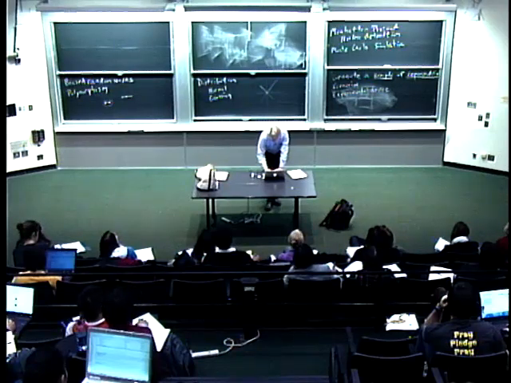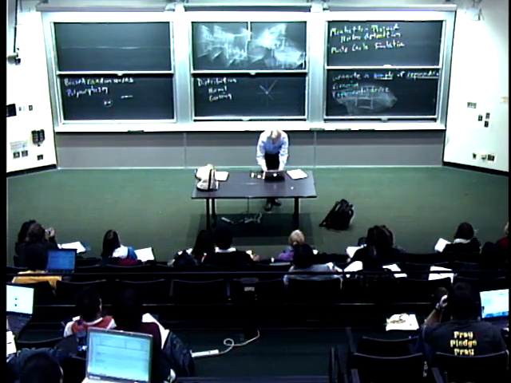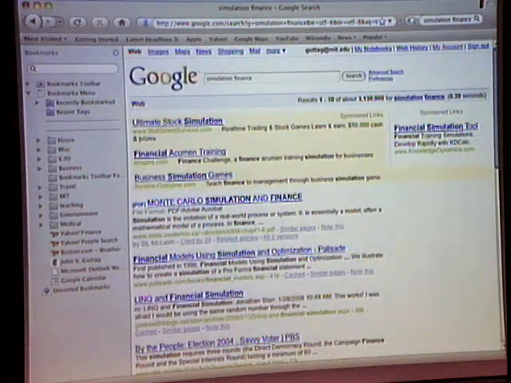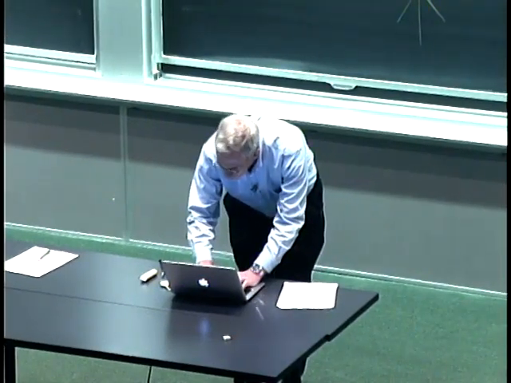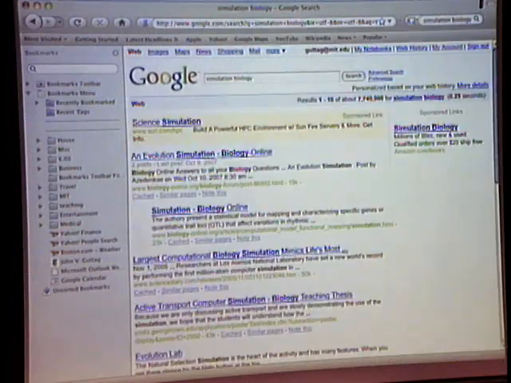so for example, we could Google simulation finance. We see we get about 3 million hits. We can do biology. We get twice as many hits, showing the relative importance in the world of biology and finance. For all you Course 7 majors, we should make sure that we compare biology to physics.